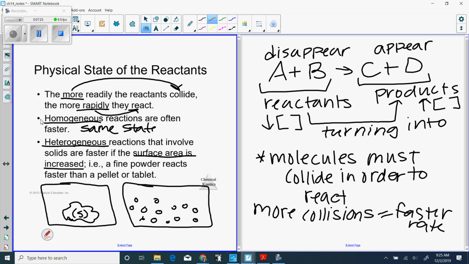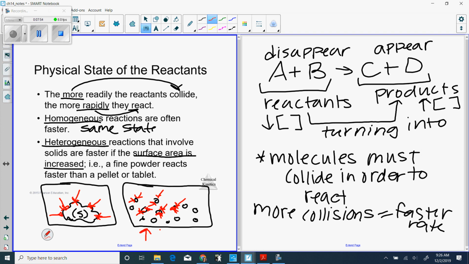So instead of the collisions only being able to happen on the outside, because it's not magic, you can't get on the inside, the reaction can only happen on the outside. But if I break it into a gazillion little pieces, now my collisions can happen all over the place. That makes it faster. More collisions is faster.